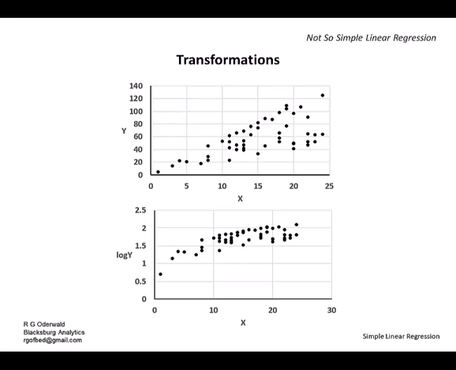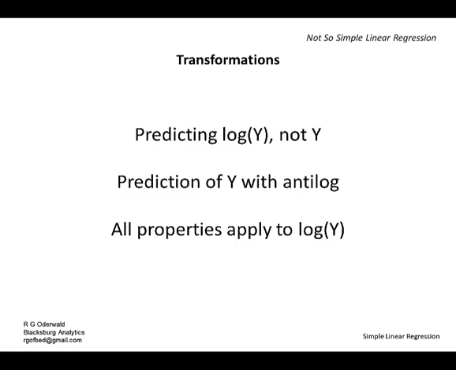There is a flare at the higher values of x. Taking the logarithm shortens the y range and makes the assumption more palatable. The only caveat is that the regression will predict the log of y, not y itself. Any prediction must be transformed back to y, and all regression properties apply to log y.